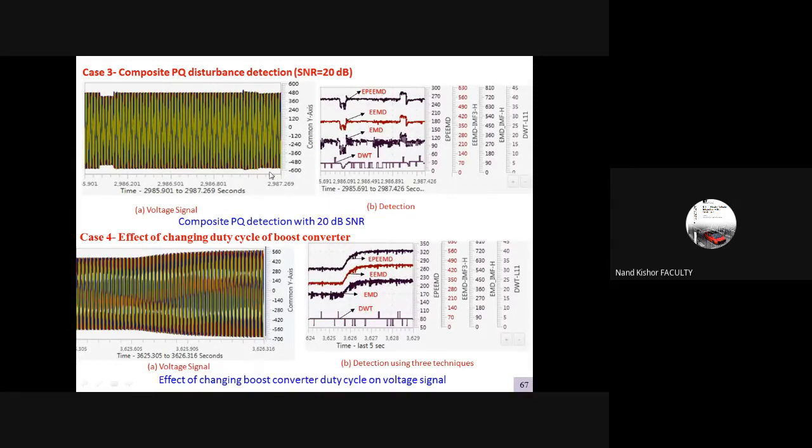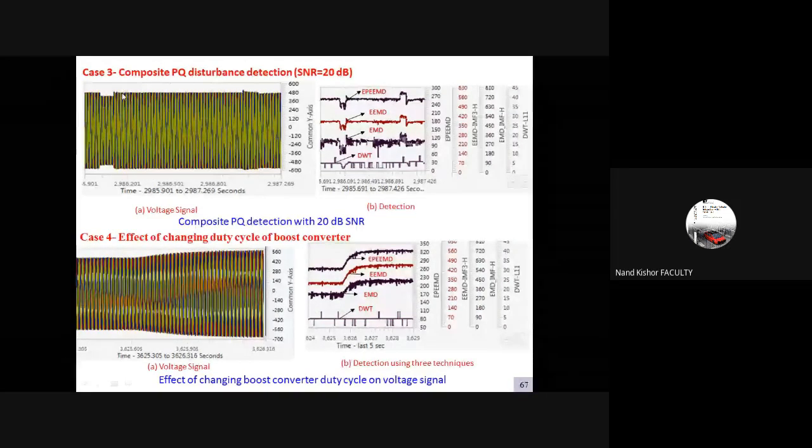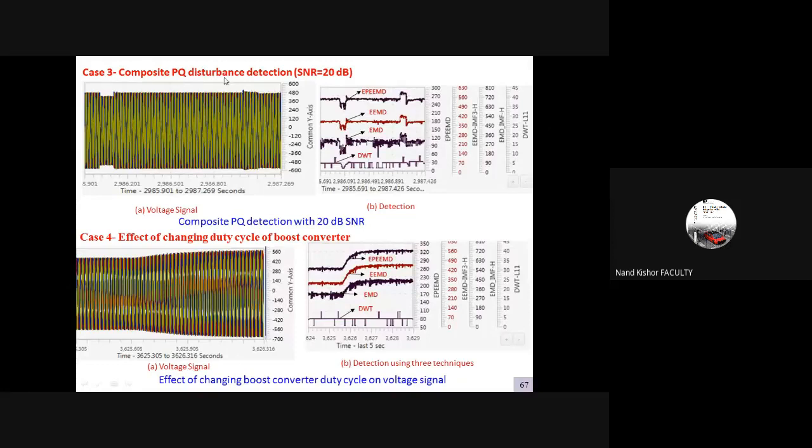For the complete range of the signal, let us try to detect the sag event as well as the swell event. That's what we have referred to as composite power quality disturbance. And this is the case with 20 dB noise.